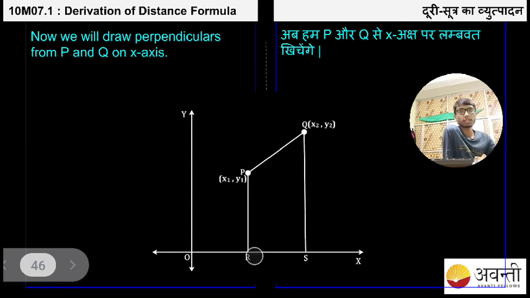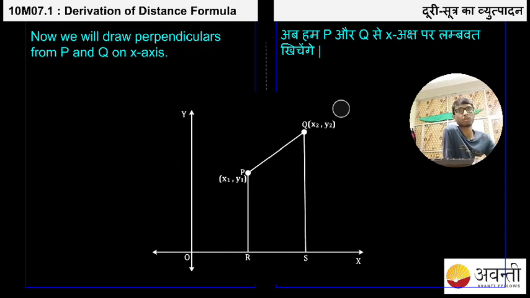Let's say this is 1 and this is 2. So here x1 is 1 and y1 is also 1. Let's say this is 2 and this is 3. Here x2 is 2 and y2 is 3. That is how we are visualizing it.